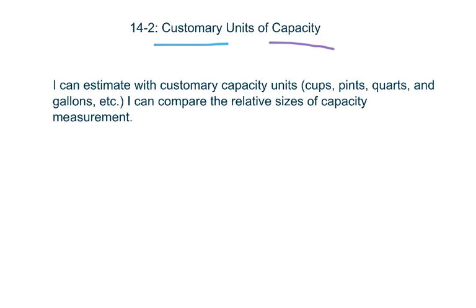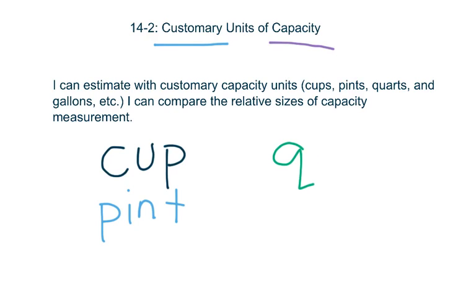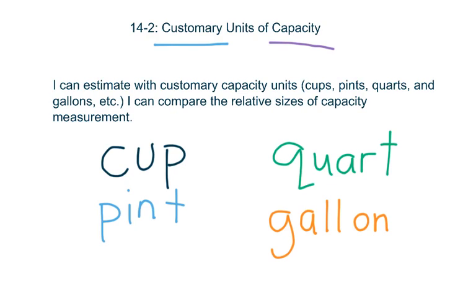The first unit is a cup. The next unit is a pint. The next unit is a quart. And the final unit is a gallon. Please add these to your notes.